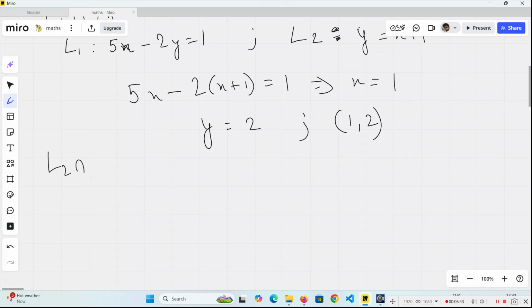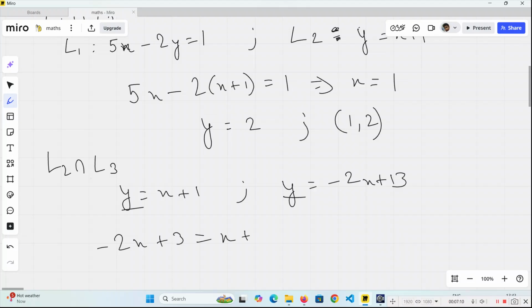Now let us do it for L2 and L3. The L2 equation is y equals x plus 1, and L3 is y equals minus 2x plus 13. Let me put the value of y in this, so that becomes minus 2x plus 13 equals x plus 1.